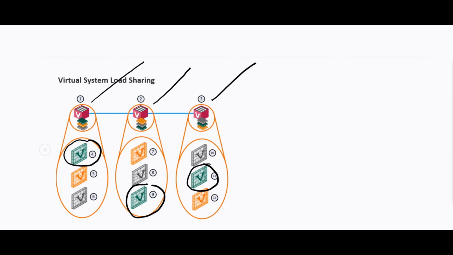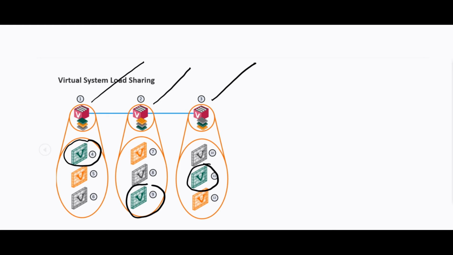This distribution spreads the load equally between the VSX cluster members. What that means is, depending on the weight of each virtual system, the load of the traffic will be distributed.